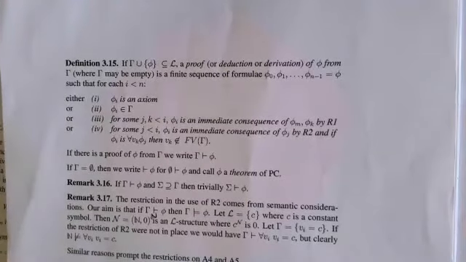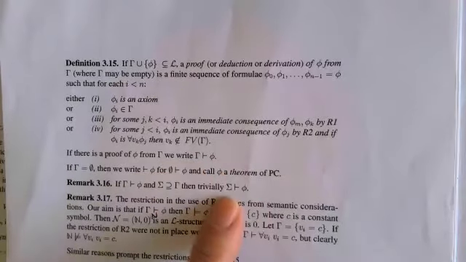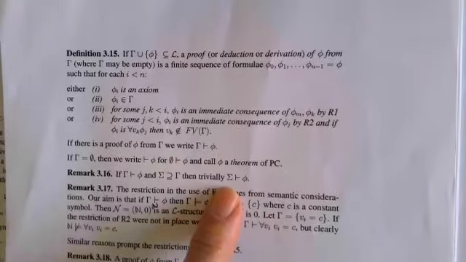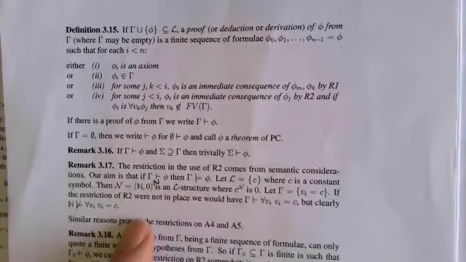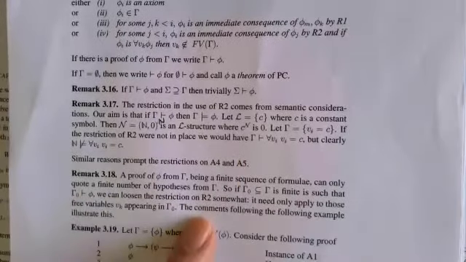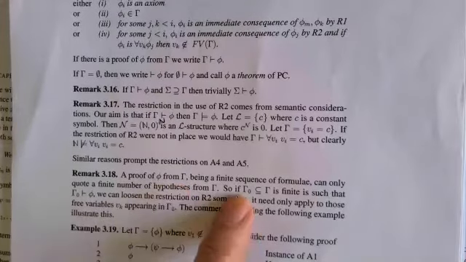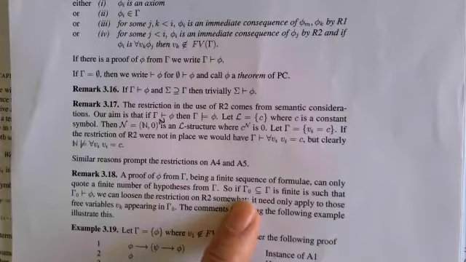And I made the observation, of course, that if you can prove phi from gamma, you can prove phi from any superset of gamma. And in fact, what happens in a proof is you only use finitely many hypotheses of gamma. So actually only finitely much of gamma is used.